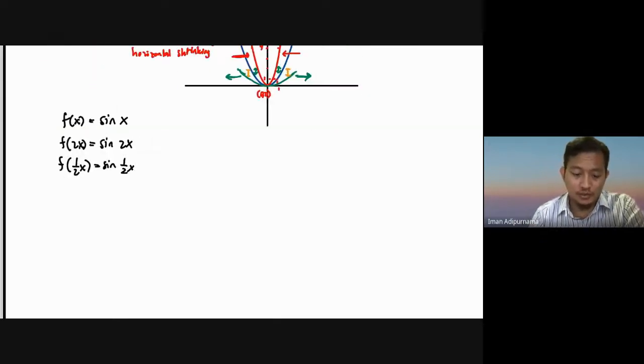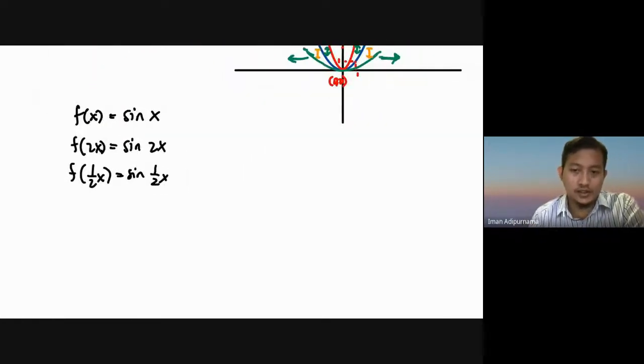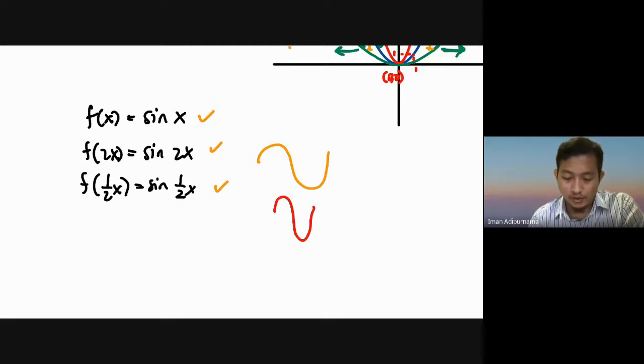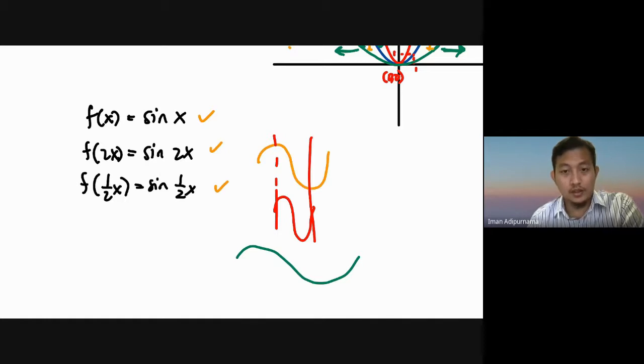So I want you, maybe after this lesson, to try to look at what will happen here. Maybe this is the beginning, and maybe this will happen, it's getting smaller, and then maybe the last one, it's getting bigger. The gap is getting bigger.